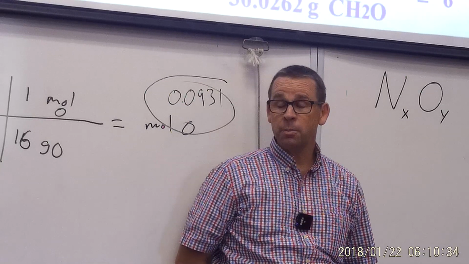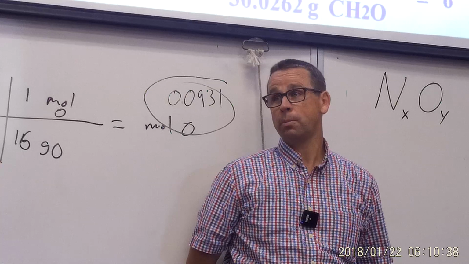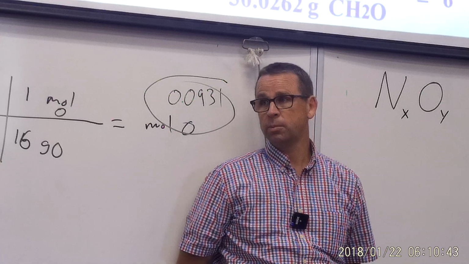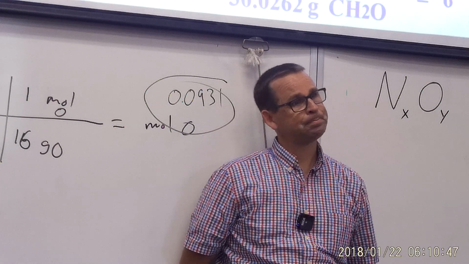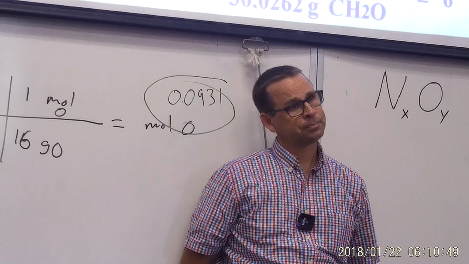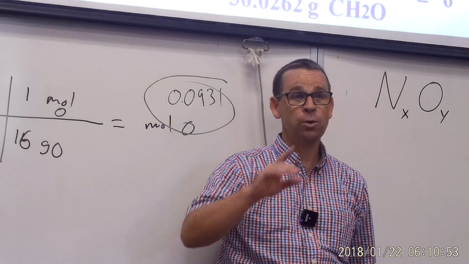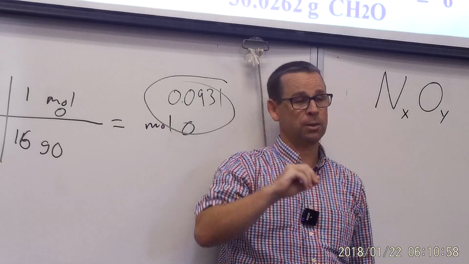The way you find the molecular formula is you actually need information about the molar mass of the material. That's the only way you can find the molecular formula from the empirical formula. So what we just solved for is the empirical formula. Now, that doesn't mean you can't have the same molecular formula.